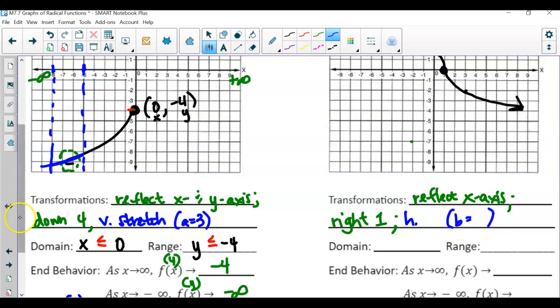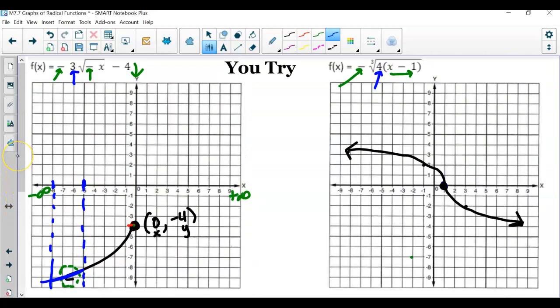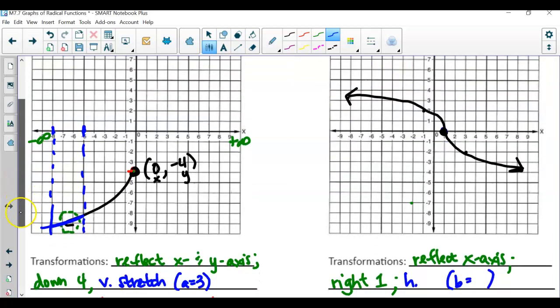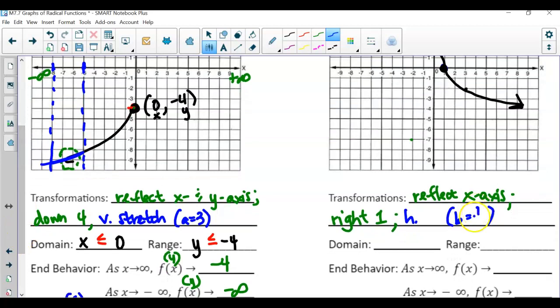Again, remember, anything inside the radical is opposite. So even though this is horizontal shifting here, that B value is not equal to 4. B is equal to 1 over 4, which means if B is equal to 1 over 4, this is not a stretch, this is a shrink or a compression.